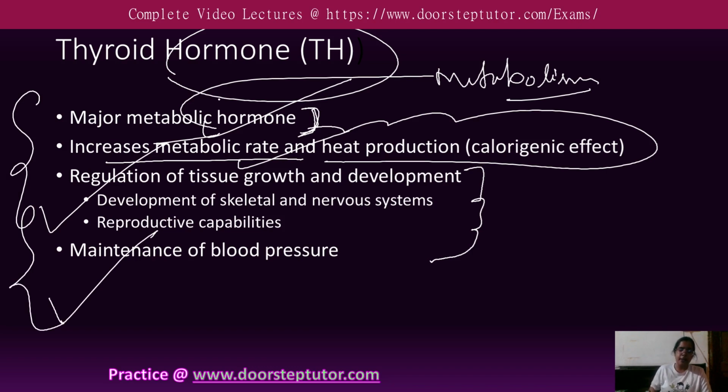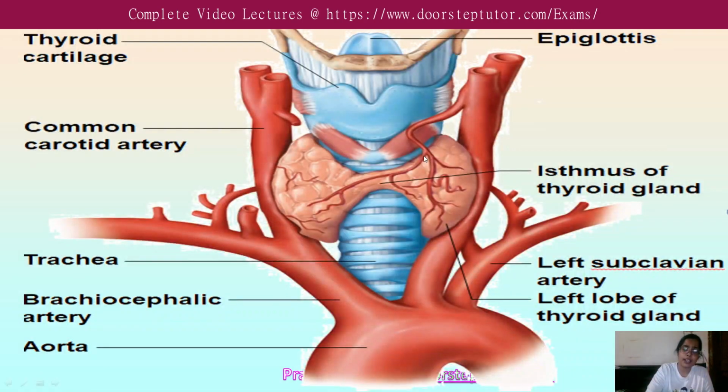If we are talking about the metabolic rate, obviously it relates to different organs which play a role in metabolism. Remember this so that you can remember the topic. The development of skeletal tissue growth relates to the skeletal and nervous system. Now we have the thyroid cartilage, and the common carotid arteries.